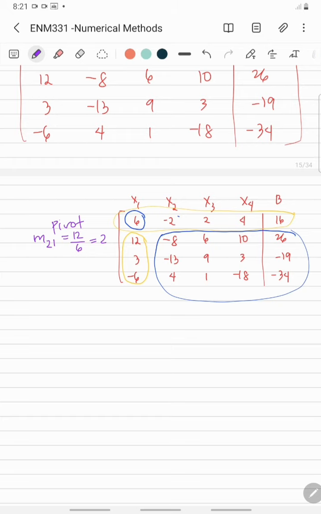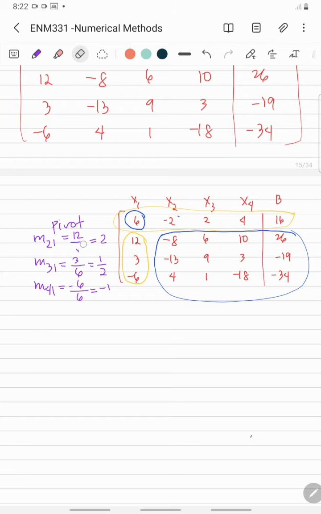Then for my multiplier of row 3, I have here m31, that is equal to 3 divided by 6, that is equal to 1/2. Then for the fourth row, we have m41, that is equal to negative 6 divided by 6, that is equal to negative 1.